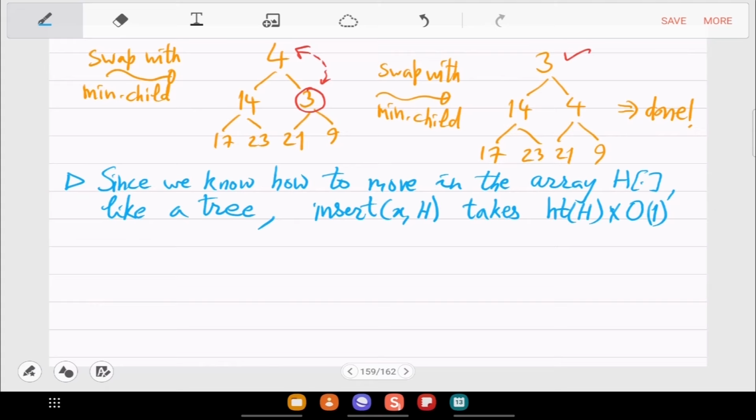In the array, going from j to 2j plus 1 is a constant time operation. Right, so that is big O of 1. So this again is big O of height, which is less than or equal to log n. Okay, so we have done both extract min, which is like deletion, and insertion in log n time.